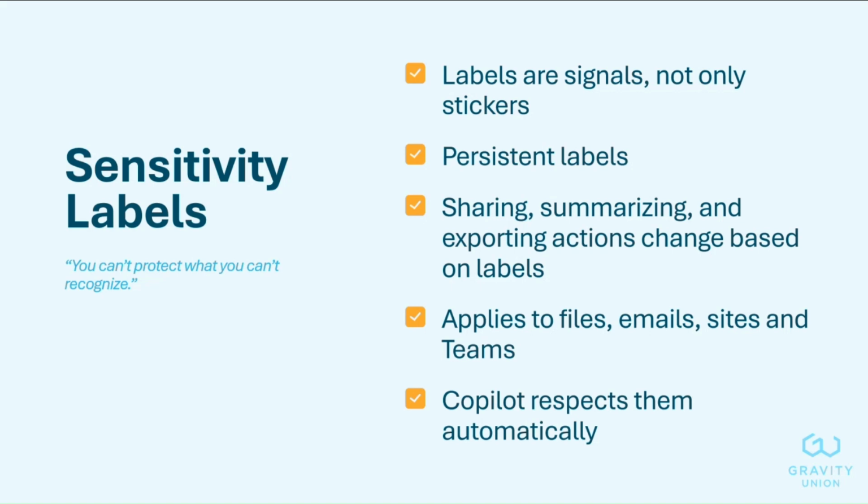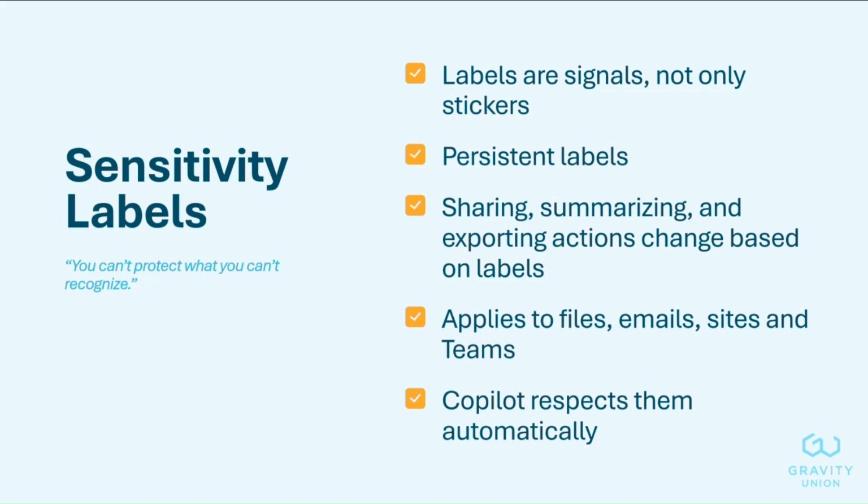These are labels that will travel around with your files, and they allow certain actions based on what you've configured. So allow people to share externally, maybe be able to summarize that content, be able to use it in Copilot. That's what export sometimes means. And so these actions are defined when you're setting up a sensitivity label. And then they can change as well, right? So you can have different labels that do different things.